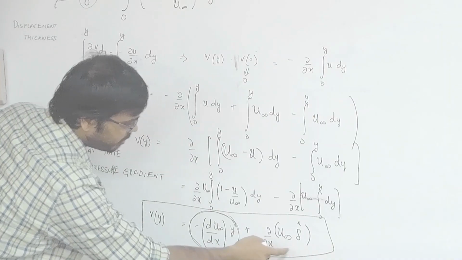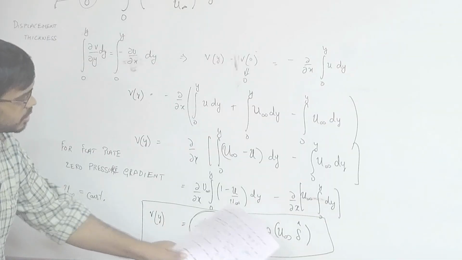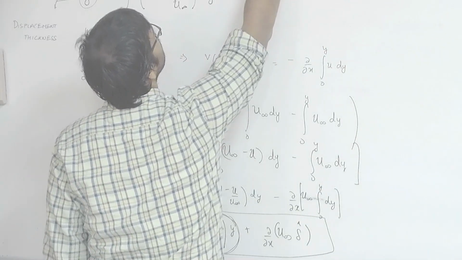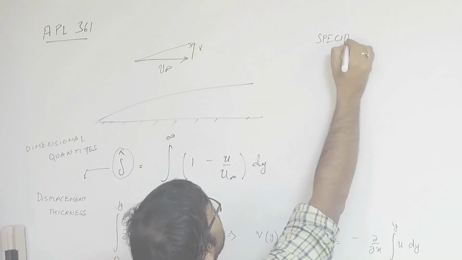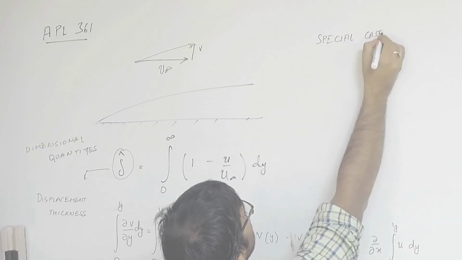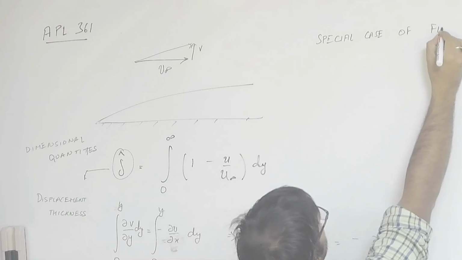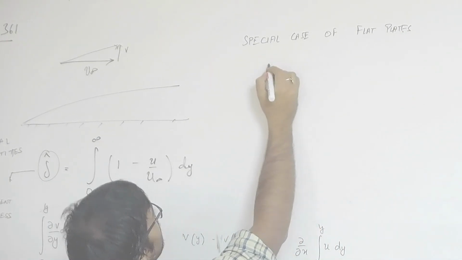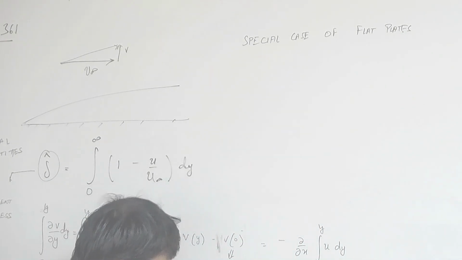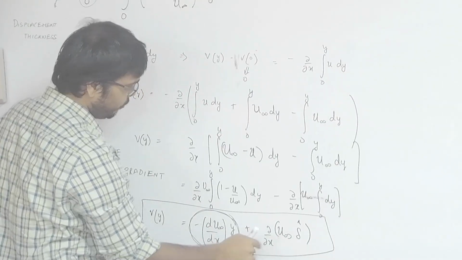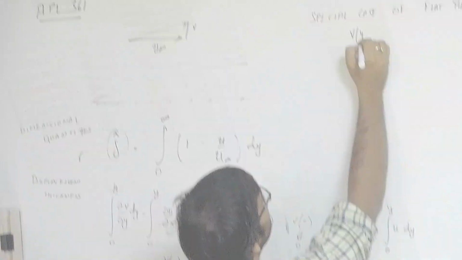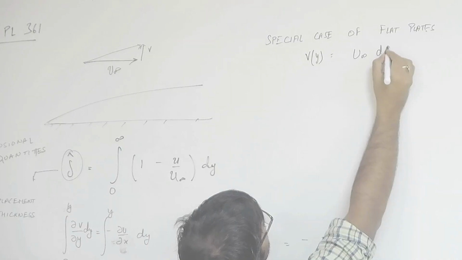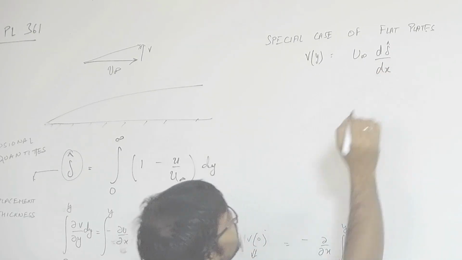What does the other term mean? Now let us look at the special case of flat plates, where du infinity dx is 0 and u infinity is a constant. We are saying v of y is simply u infinity d delta hat over dx.